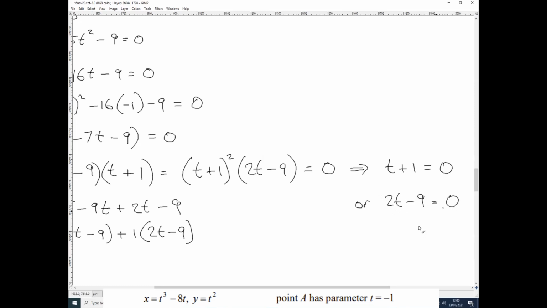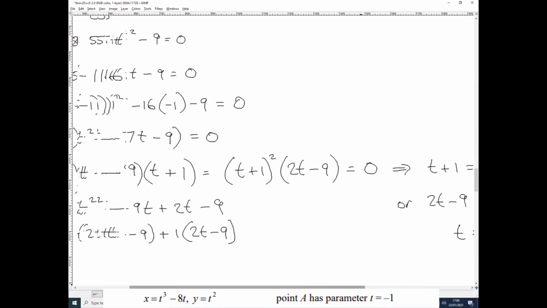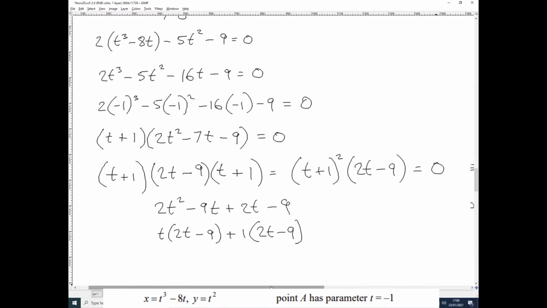And you were telling me t equals 9 over 2, weren't you? Yeah, I think so. I think I hear those words echoing now. I was confused at the time.